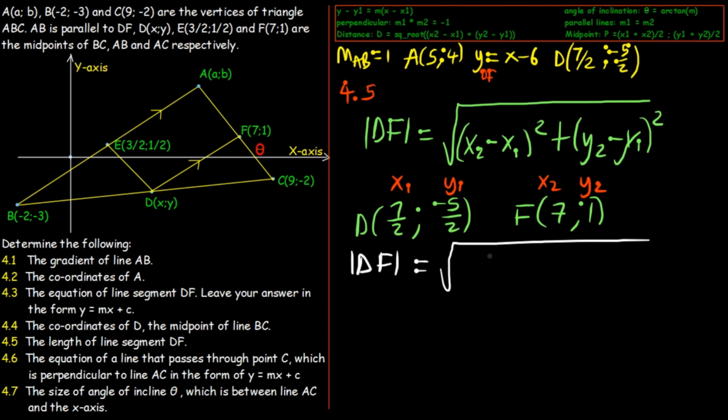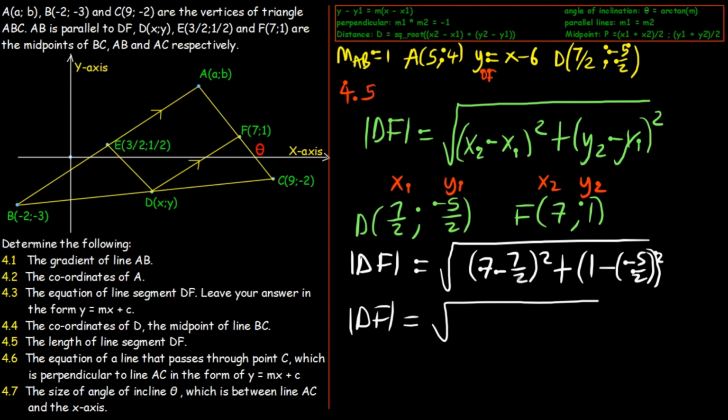Alright, so this is 7 minus 7 over 2, then we square it, then plus our y squared, which is 1 minus, in brackets, minus 5 over 2, and we square everything inside. Alright, now let's simplify.